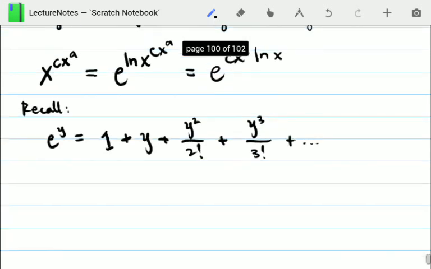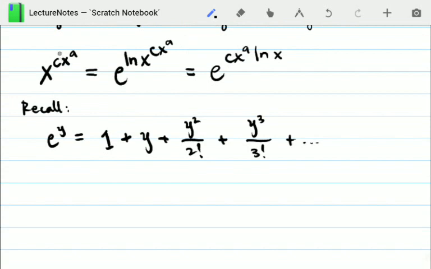Since we were able to write x to the c x to the a in terms of the exponential, it follows that we are also able to expand it. We will expand it using the series expansion for e, noting that instead of just y, you have here the complicated term c x to the a ln x. But that doesn't matter, you just substitute it.